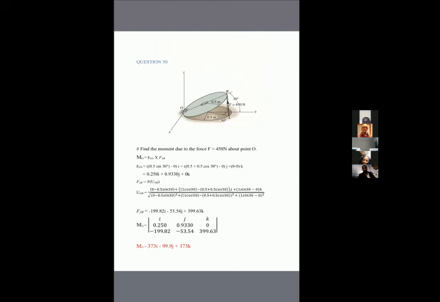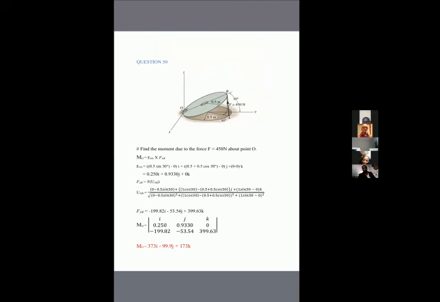So I've got a disk there which is pinned at point O, and then you've got point B there, and then you've got point A there.